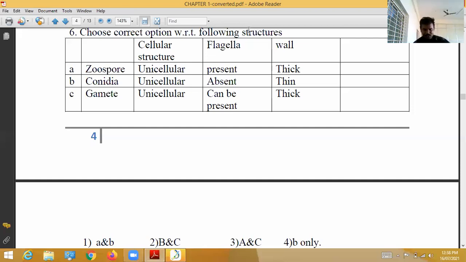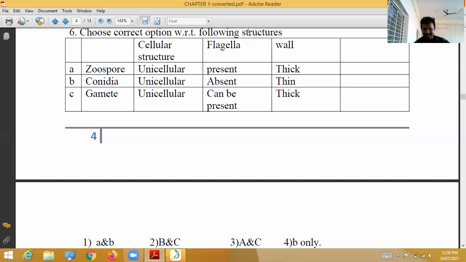Let's see option B and C. Actually, in conidia the wall is thick, and in gametes the wall is also thick. So option B is also wrong.